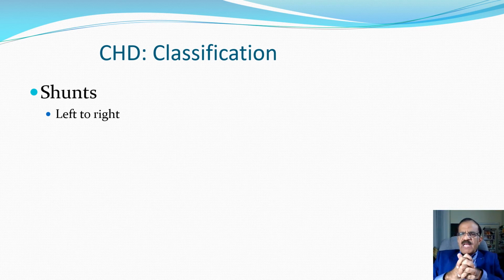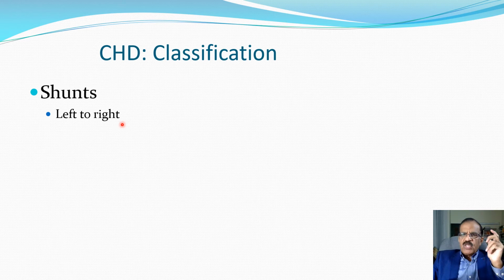If you compare the left atrium with the right atrium, pressure in the left atrium is higher. If you compare the left ventricle with the right ventricle, the pressure in the left ventricle is higher. If you compare the aorta with the pulmonary artery, the pressure in the aorta is high. So since pressure on the left side is always high, if there is a shunt between two sides, blood will always flow from left to right. I hope this point is understood.